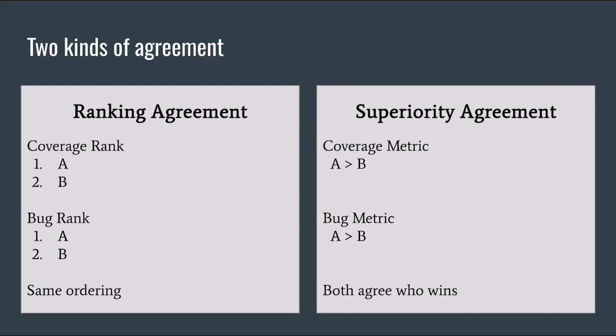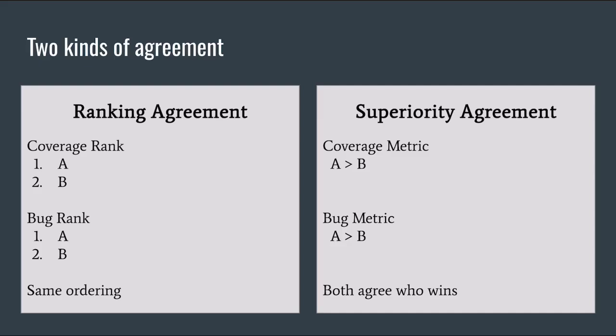The second is superiority agreement, and this is the one that matches how research claims are usually written. Most papers aren't trying to rank every fuzzer ever made, they're just trying to justify the claim that our new technique beats the baseline. So superiority agreement asks, if we compare two fuzzers, A versus B, does coverage say A beats B, and does bug finding also say A beats B? And importantly, only when the difference is large enough that it's statistically significant.